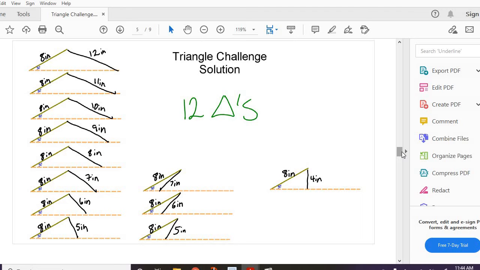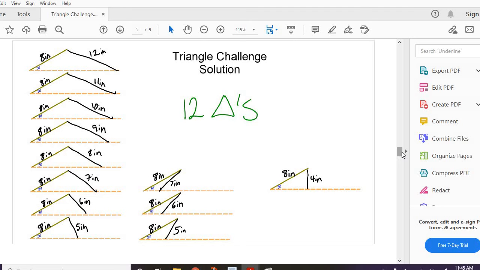They're all less than 8. So 8 was our given side, right? And so notice that my sides that are bigger or equal to 8 can only create one triangle. But all of my sides except for 4, right, can create 2.